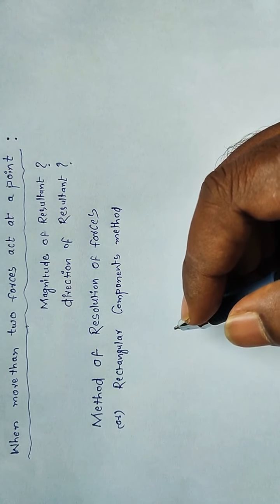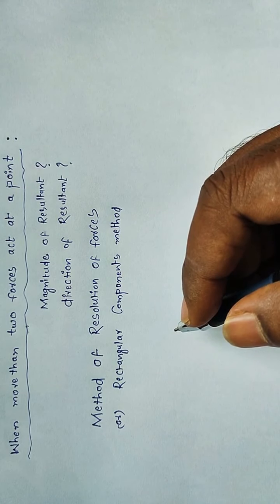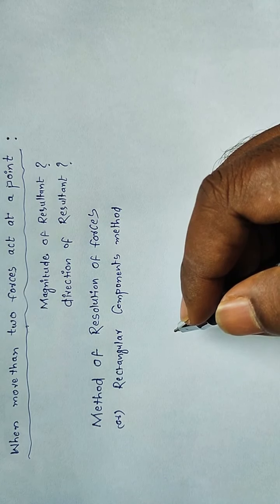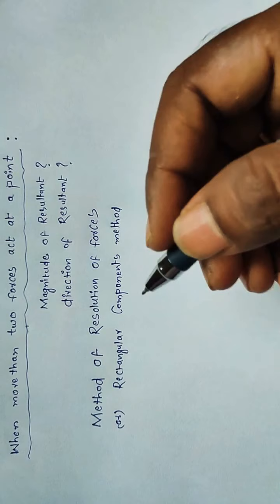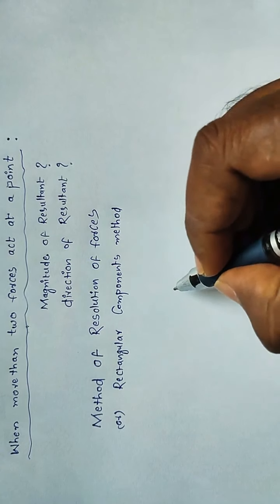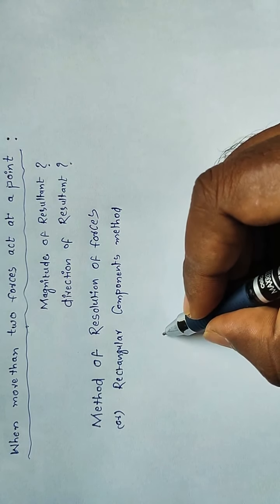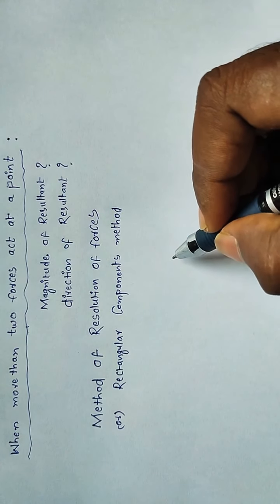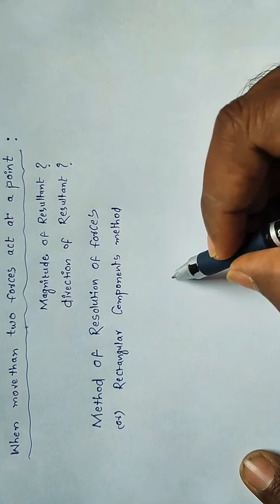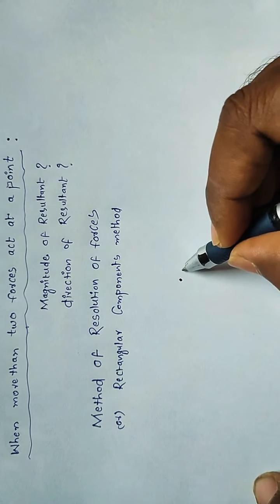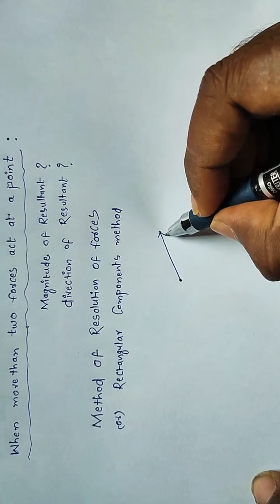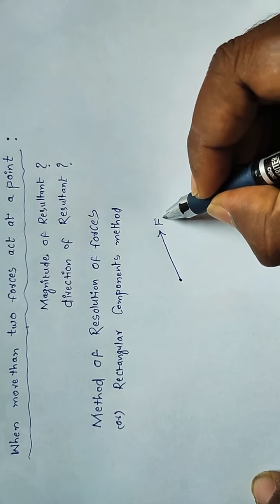According to this method, first we have to resolve all the forces which are acting at a point into horizontal and vertical components. So first here we are considering one force. For example, one force is acting like this, F1.